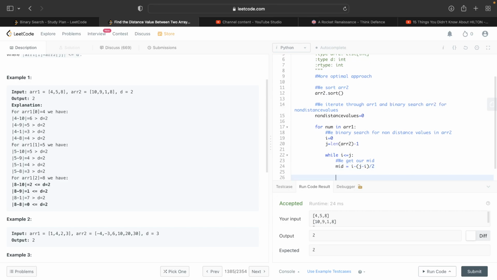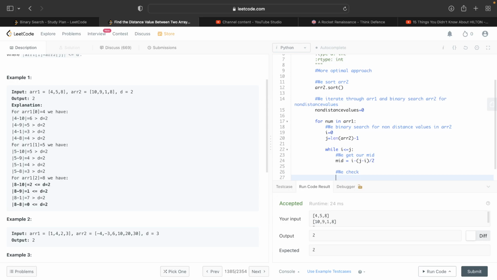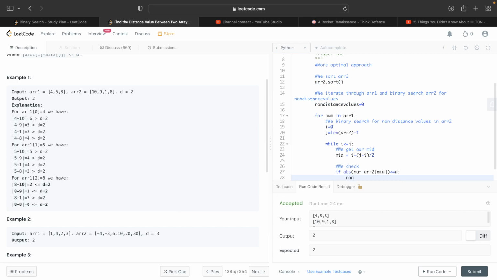Then we check if the absolute value of num minus arr2 at mid is less than or equal to d, then we increment our non-distance values by 1.